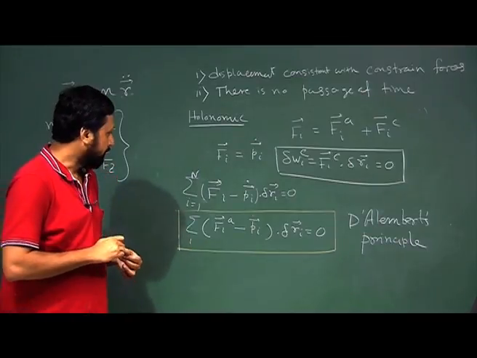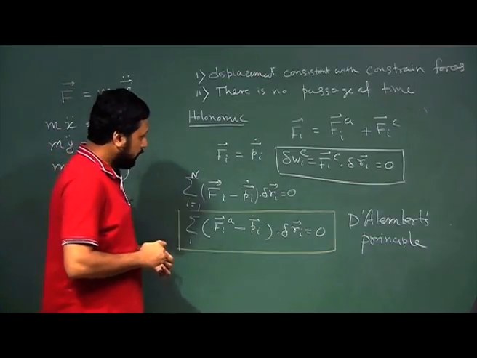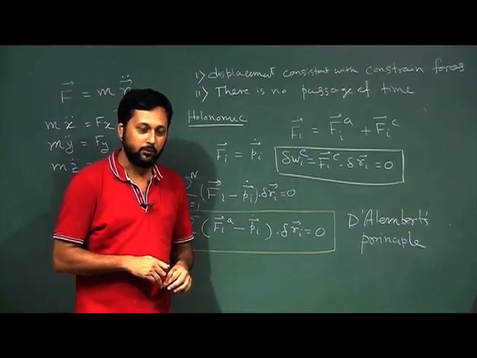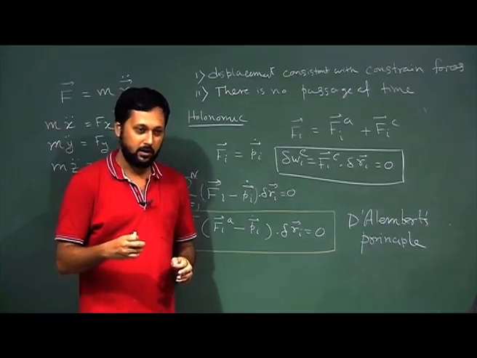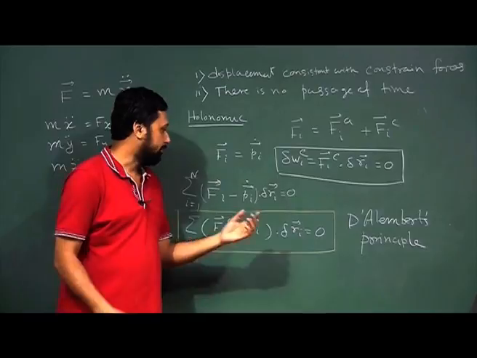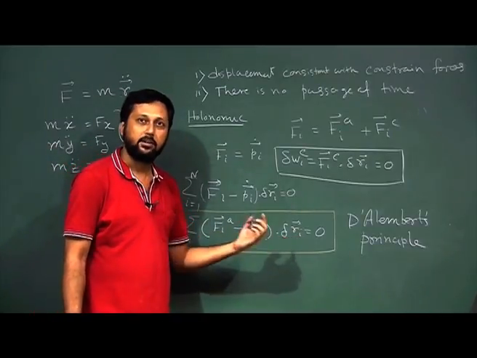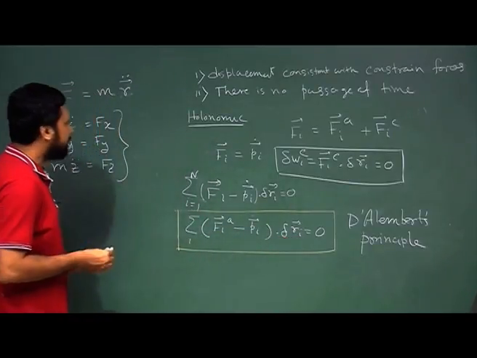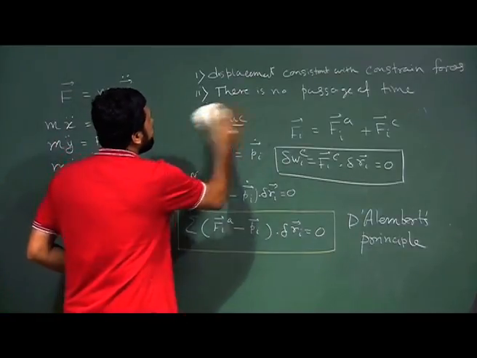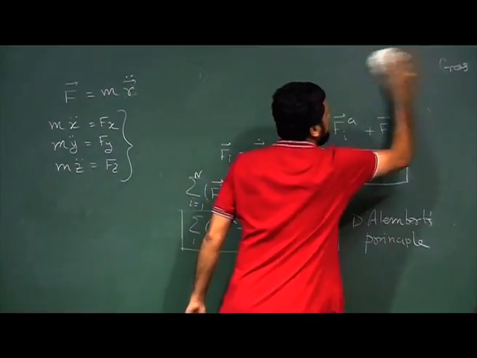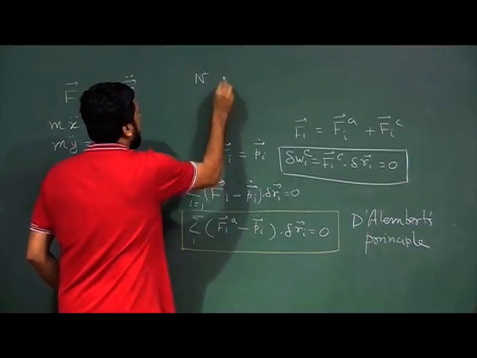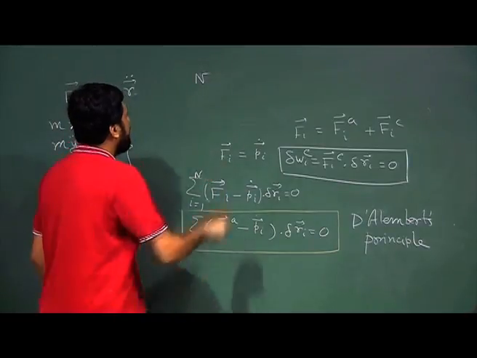Why not? Because although we have removed the forces of constraint, we are still working with the number of coordinates which are essentially the number of coordinates required to describe the whole system. Let me elaborate. Assuming that we have an n particle system, how many coordinates do we need?